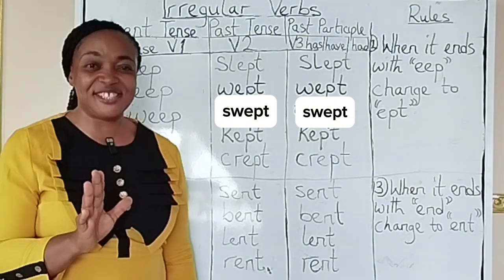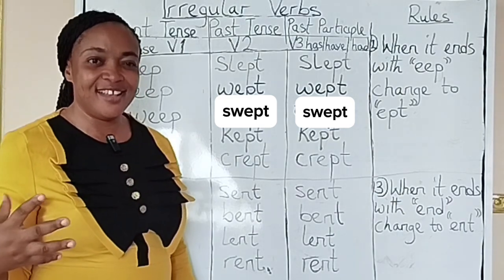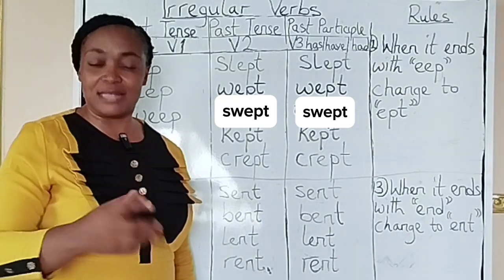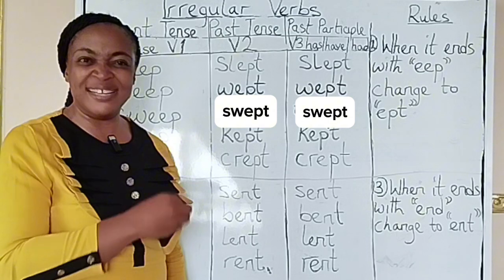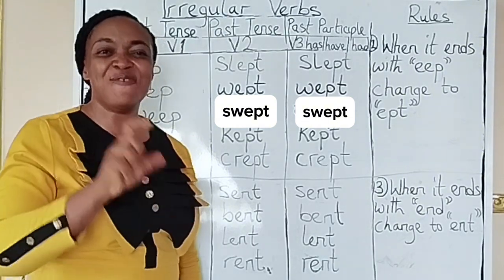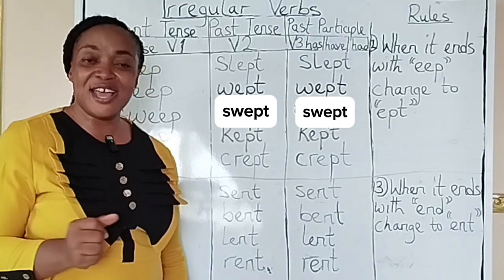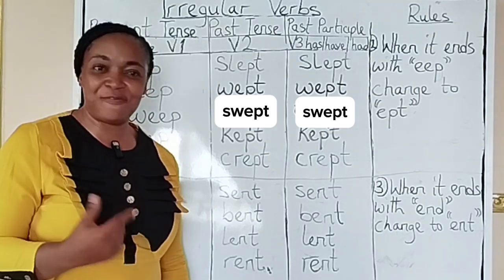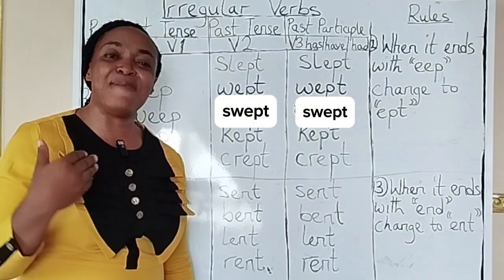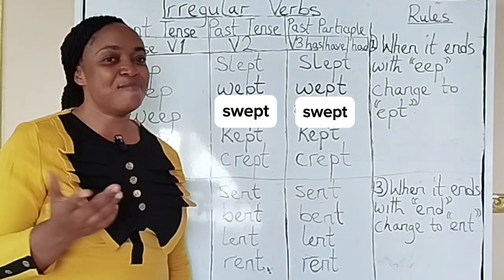Okay, I'm going to leave you at this very point to digest these 3. And in my next class, I'm going to give you more on irregular verbs. We are going to coin rules from the ruleless irregular verbs. And by so doing, you will be at ease while forming the past tense and past participle of some irregular verbs.